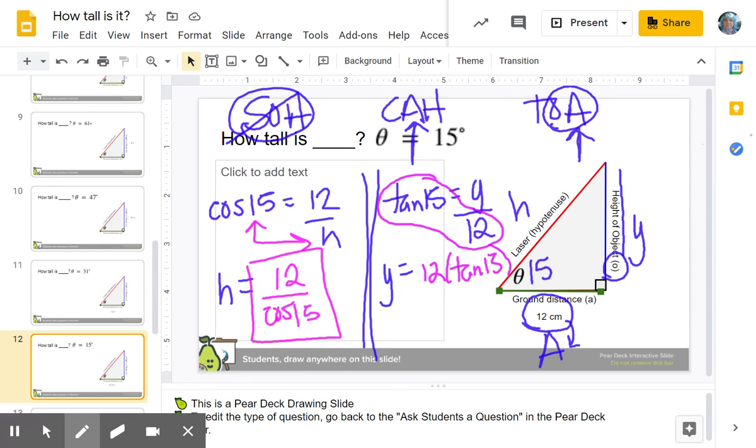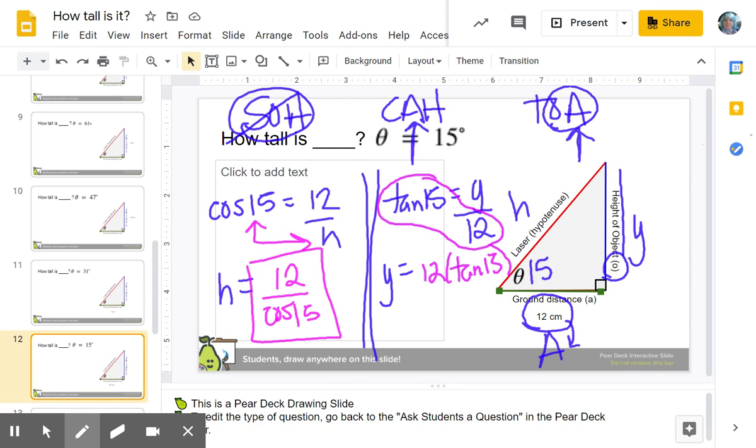So then over in our calculator, I got 3.2 as well. Is that the hypotenuse or the height? Hypotenuse.